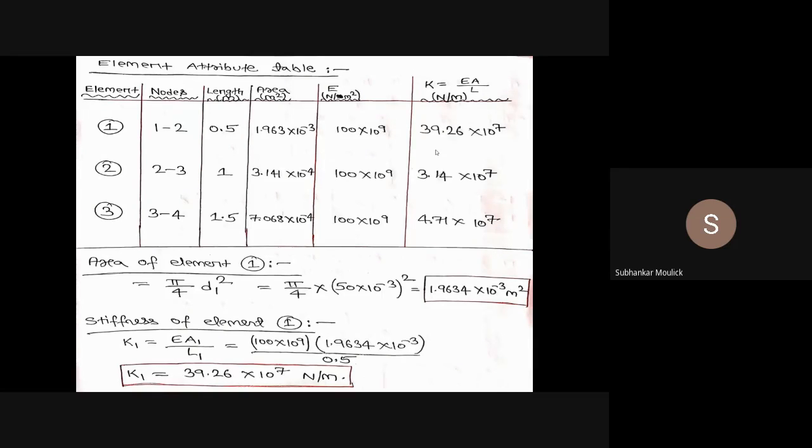In a similar manner, you will compute the stiffness for the second element as well as for the third element. For the second element, the stiffness becomes E into A2 by L2. E is the same. A2 will be nothing but this particular value, by L2. What will be L2?